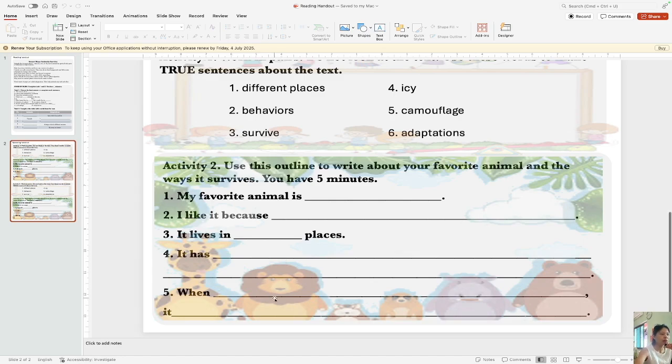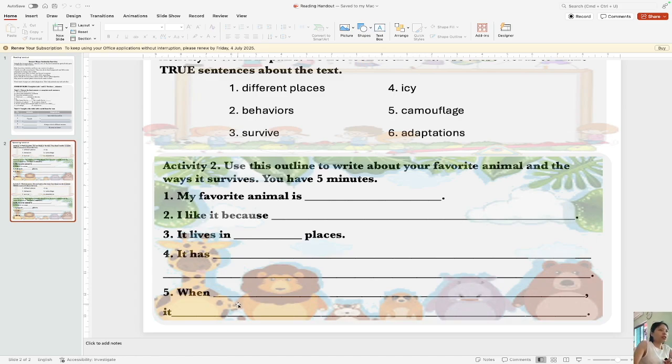And number 5 is another supporting idea or an extra idea for them to talk about ways they survive in the environment. So they can complete number 4 only or complete both 4 and 5. Here I use when because I will talk about the season when the weather changes, what will they do.